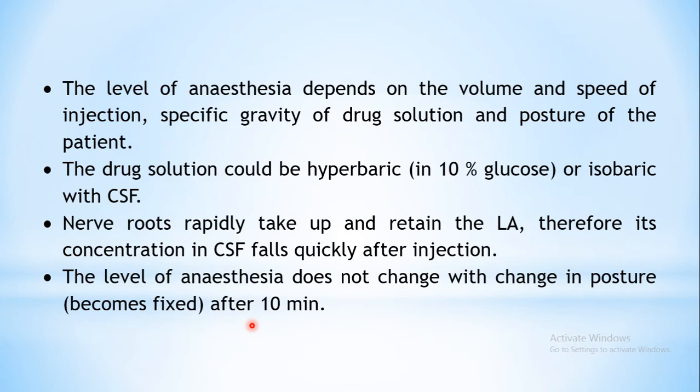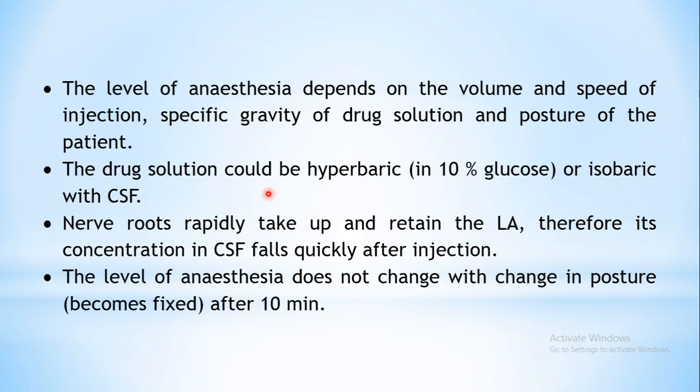Now the level of anesthesia, that is the degree of anesthesia which is produced, will depend upon the volume of the drug which is injected, the speed with which it is injected, the specific gravity of that drug, and the posture in which the patient is sitting.